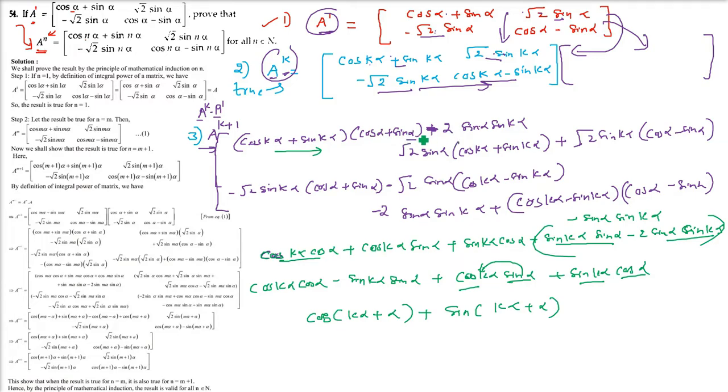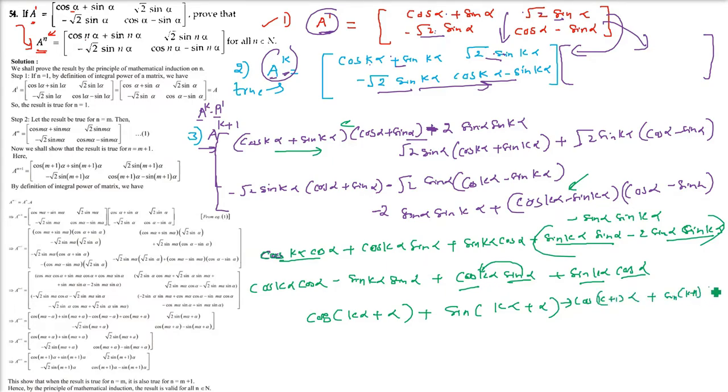We have to do it for all the 4 entries, and depending upon the formula and the expressions, we have to devise the k plus 1 wherever n is there. Okay, now let's do the second entry of the first row. I'm just saying that k alpha plus alpha can be written as k plus 1 alpha.